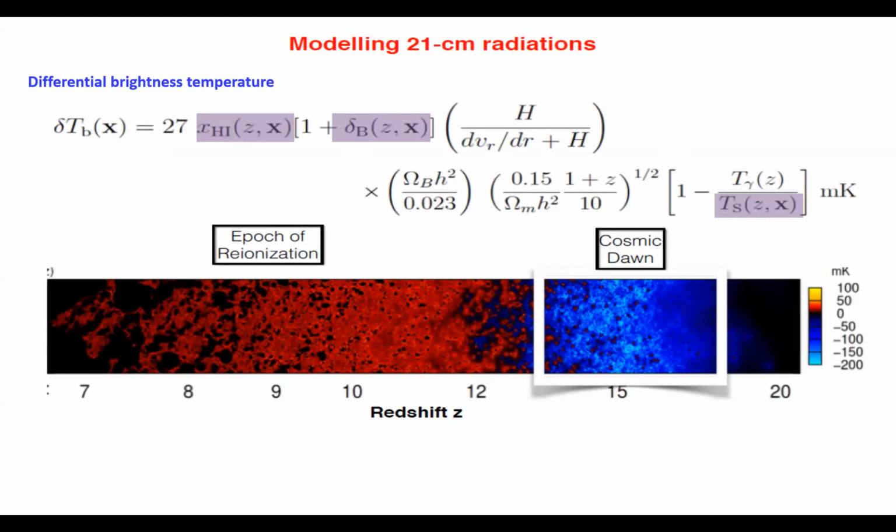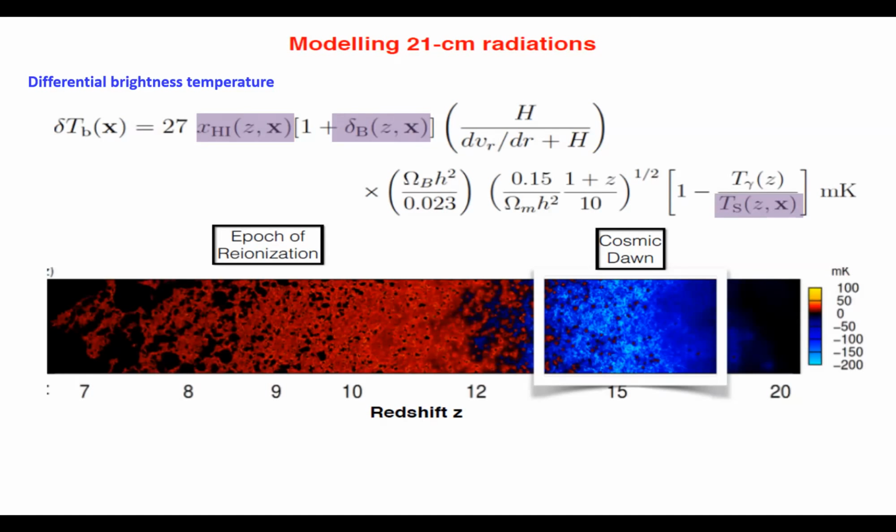Okay, now we have to understand the signal, and in order to understand the signal, we have to model it numerically. You can also do analytical calculations, and you will learn more about those by Somnath in the next 2 lectures. But analytical calculations have some limitations.